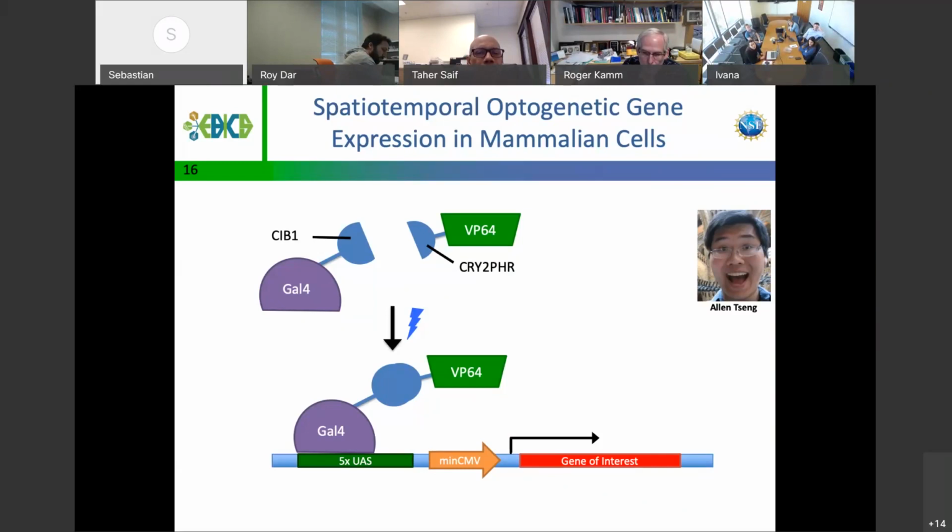So one of them is always in the cytoplasm, and it has to relocate once it dimerizes. When it dimerizes, it localizes to the nucleus. Exactly. Okay. Before dimerization, it's outside the nucleus in the cytoplasm.